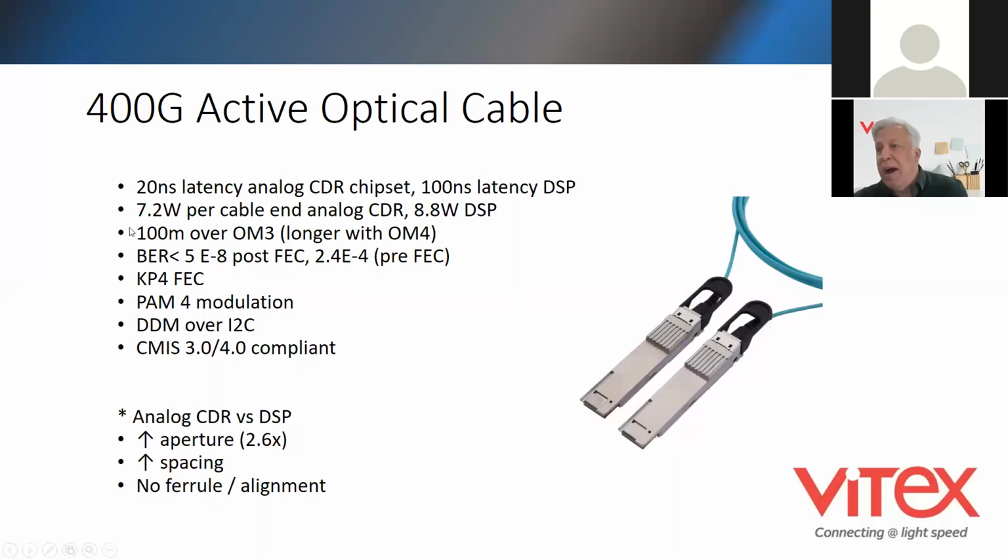In terms of power, if you're taking a look at the analog chipset, it's 7.2 watts per cable end. And if you want to look at the DSP, it's 8.8 watts per cable end. That is, of course, because of the power overhead for the DSP chip itself. In terms of length, if we're talking about intra and inter-rack connections, it's probably a non-issue.